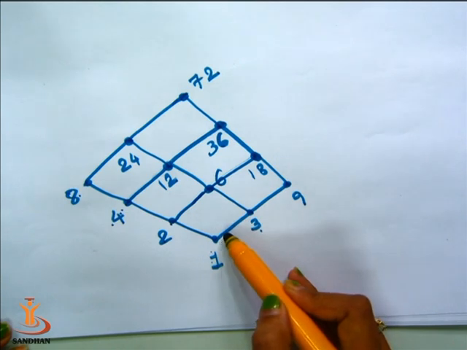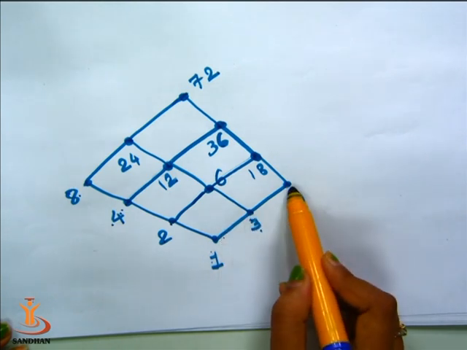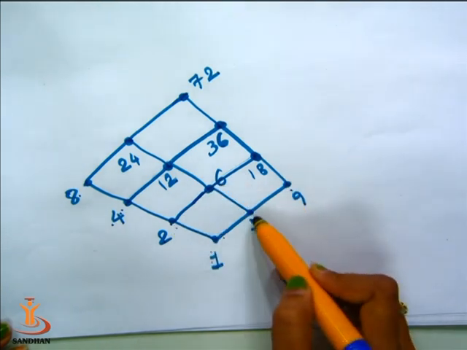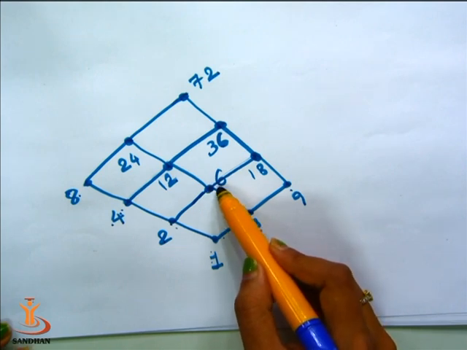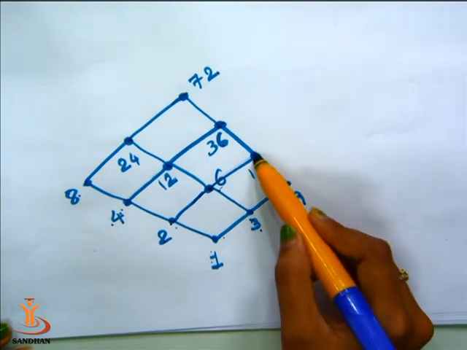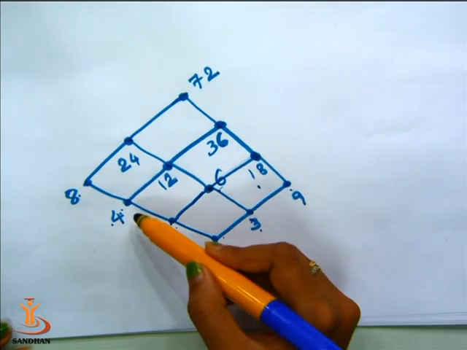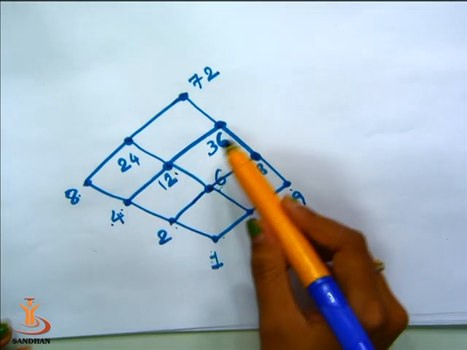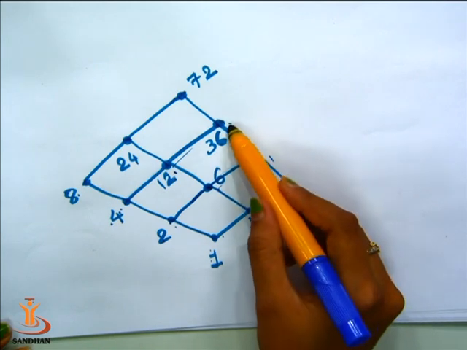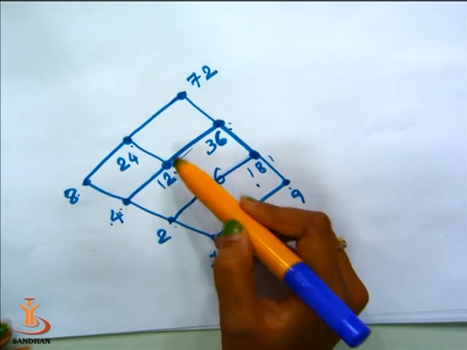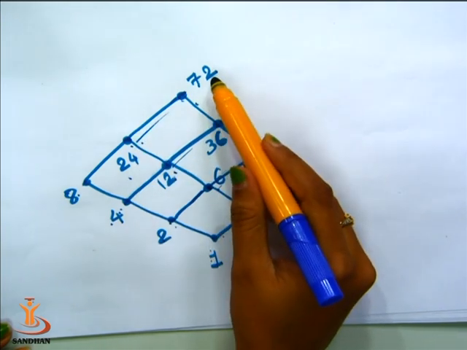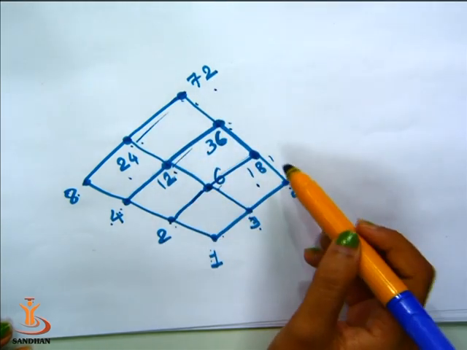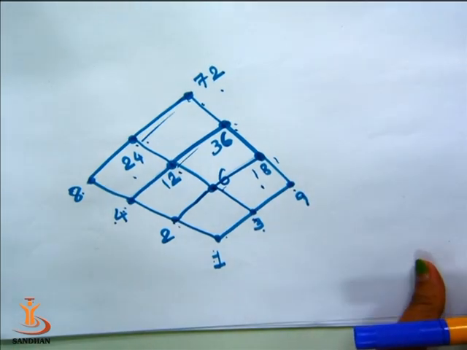Okay, similarly 1 divides 3 and 3 divides 9 here. 2 and 3 both divide 6, and 6 and 9 divide 18. Then 4 and 6 divide 12, and 12 and 18 divide 36. And 8 and 12 divide 24, and 24 and 36 divide 72. So we draw this Hasse diagram in the following manner.